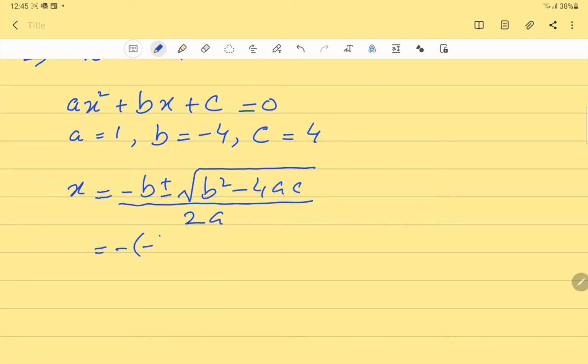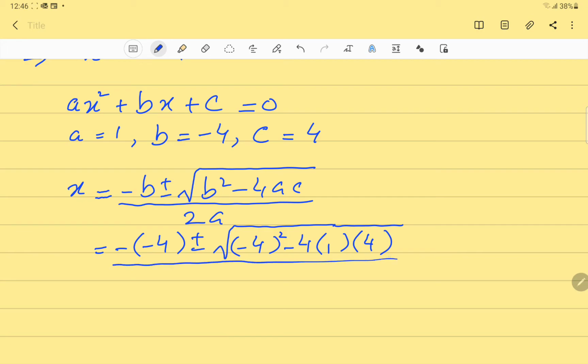Minus into minus 4 plus minus square root of 4 squared minus 4 into 1 into 4 over 2 multiplied by 1.